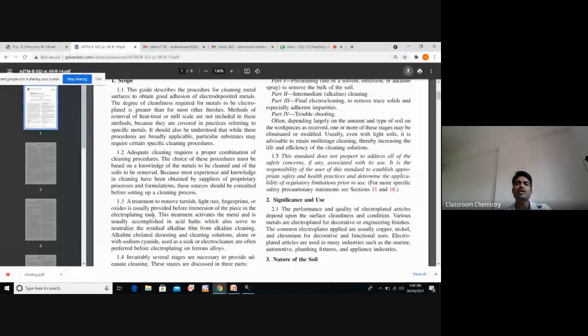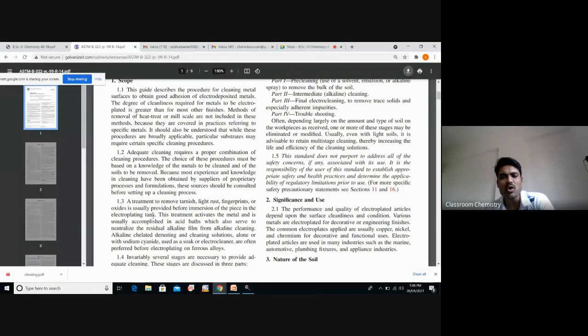At FYBSc level, you learn about transition elements, where there is one word, chelation. If we take ethylene diamine tetraacetic acid, EDTA, and add calcium or magnesium to it, then there is a formation of a complex, and this type of complex is called chelation.